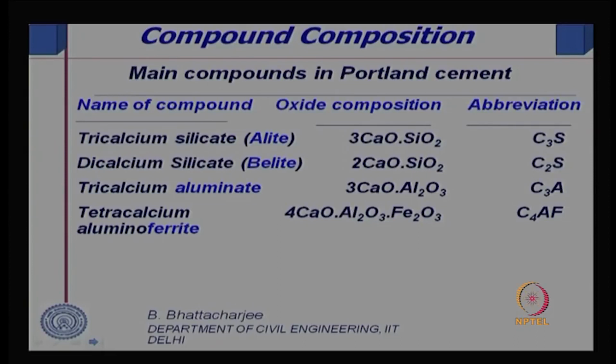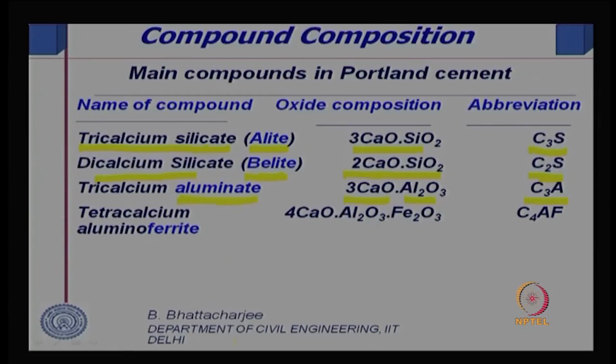Main compounds in Portland cement: tricalcium silicate, we abbreviate as C3S, and the mineralogical name is alite. Dicalcium silicate, its mineralogical name is belite, and it is 2 CaO SiO2 or C2S. So, alite and belite. Tricalcium aluminate is 3 CaO Al2O3 or C3A, and its mineral name is aluminate.